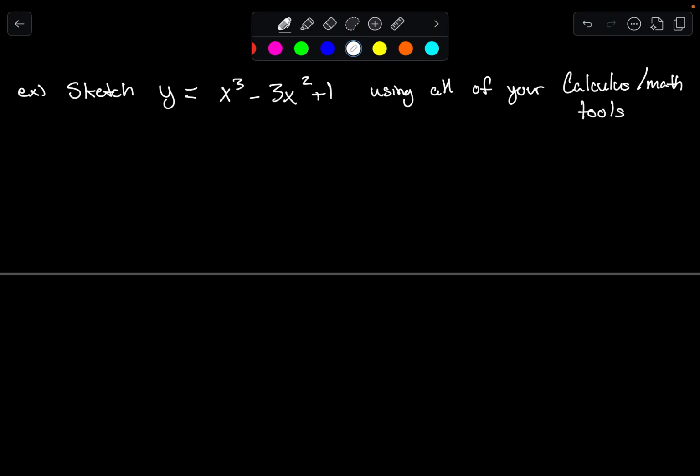You basically use everything that you know to come up with this sketch without relying on something like Desmos, okay? And so the first thing that I might do is run through my algebra stuff that I know.